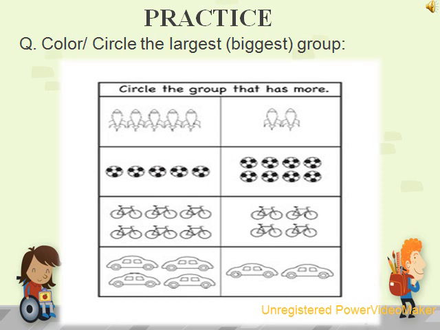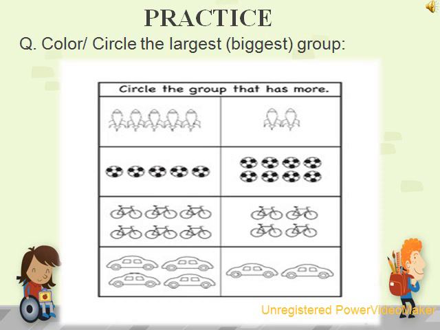The number which is larger, we will color them. Parents, please help your kids in drawing these images in their rough copies so that they can solve it with me. You can use any other object or image for drawing purpose.